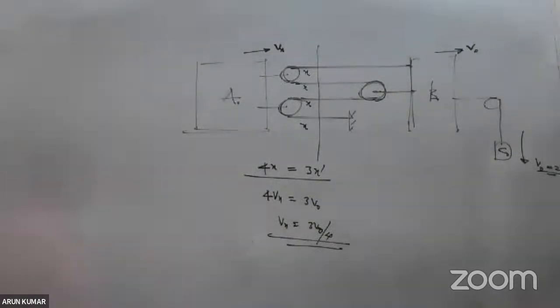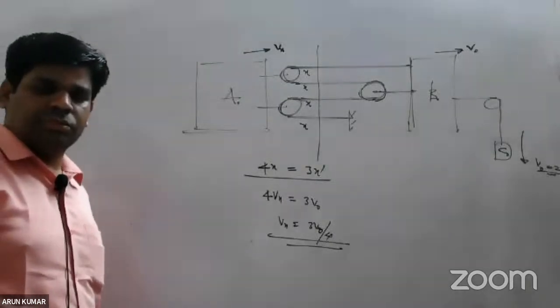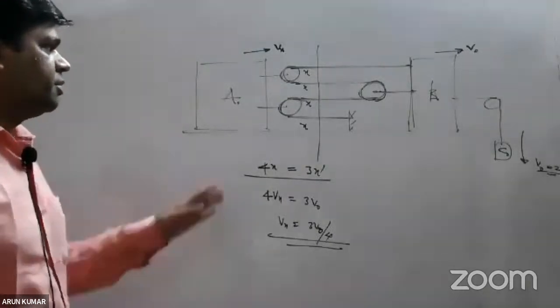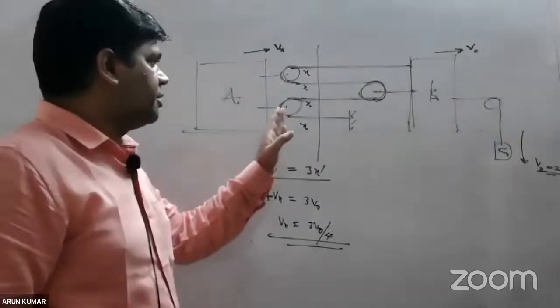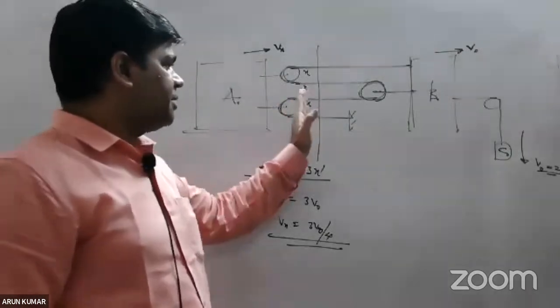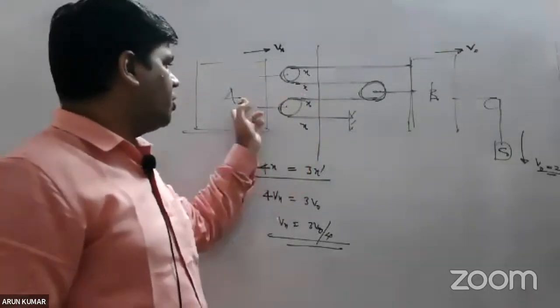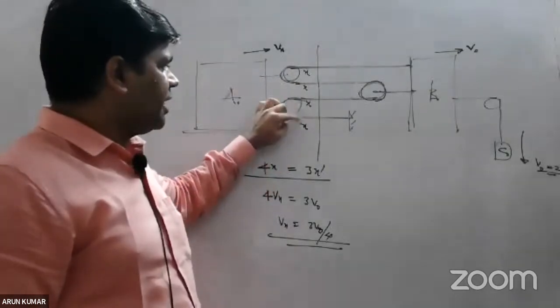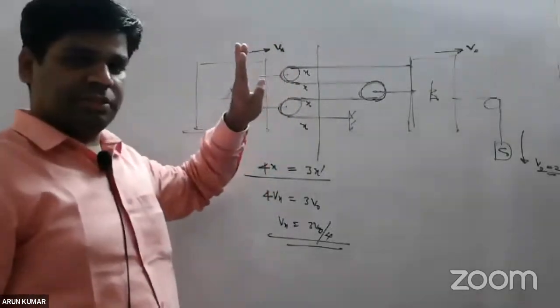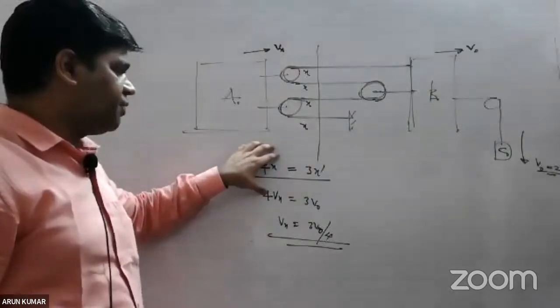All right. Can you repeat it again? I don't understand, 3x prime, sir. Okay. If this block moves by x, the string slackens by x, and x, 4x, right? Yes, sir. Slackening is 4x.